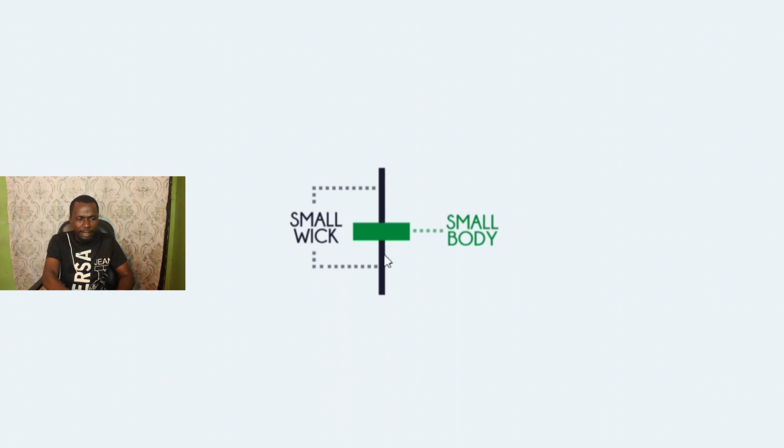This tells you that the buyers and the sellers are in equilibrium. So that is why the price was able to close here. So when you see this type of pattern, you know that the market is in a range because the buyers and the sellers are in equilibrium. So that is what you need to understand about this pattern.